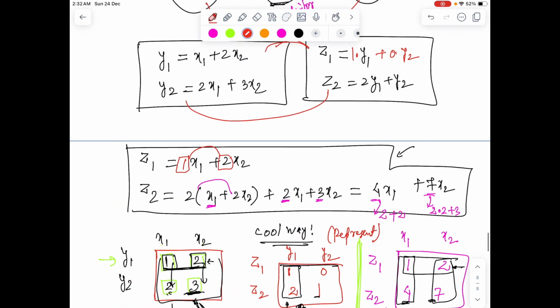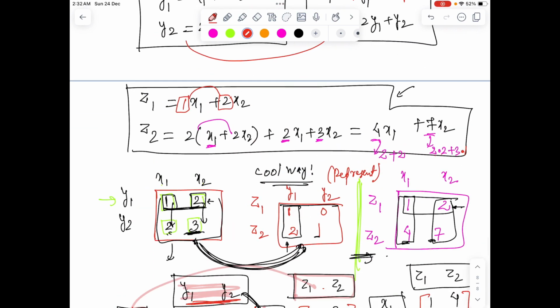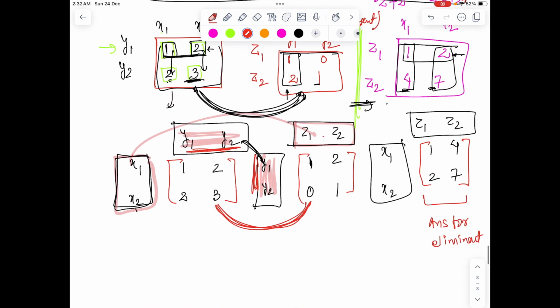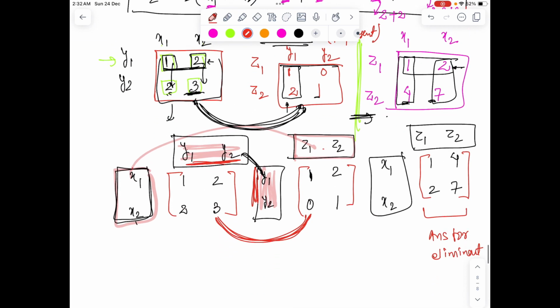Now you can clearly see the 4 was 2 plus 2. The 7 came from 2 into 2 plus 3. So 3 you can write as 3 into 1, right? So 2 into 2 plus 3 into 1 gave 7.